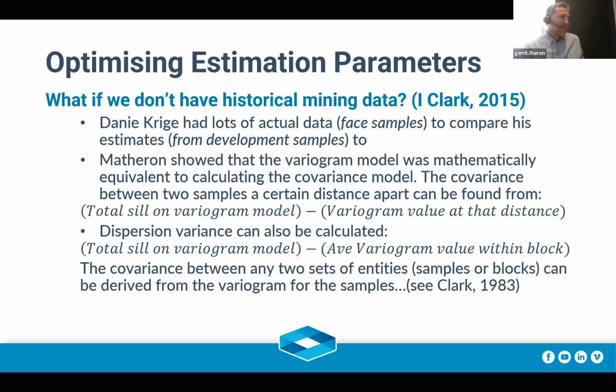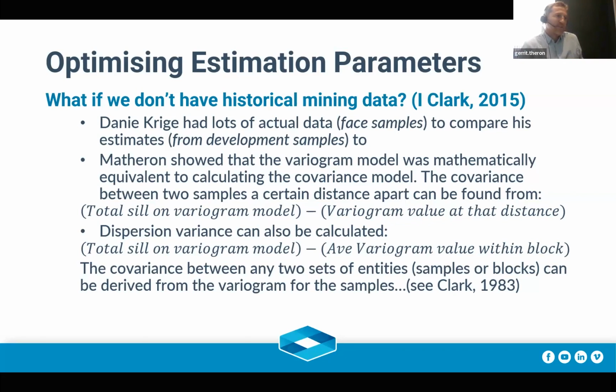What Matheron showed was that the variogram model was mathematically equivalent to calculating the covariance model. The covariance between two samples a certain distance apart can be found from the total sill on our variogram minus the variogram value at that distance.